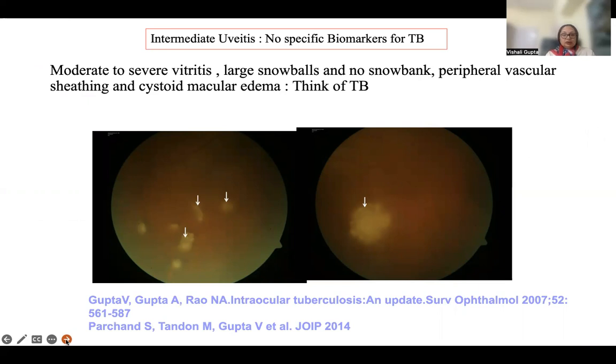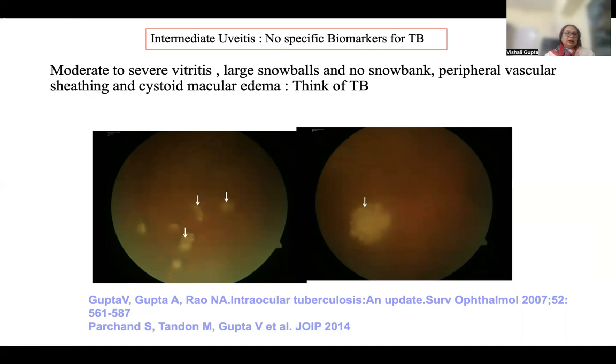Though we have not really said it in so many words, in my personal experience, if you are seeing a patient of intermediate uveitis which has large snowballs hanging in there in the inferior vitreous, but they are not forming snowbanking, there is no fibrosis, no banking that you see typically in patients with pars planitis, TB could be a possible etiology.